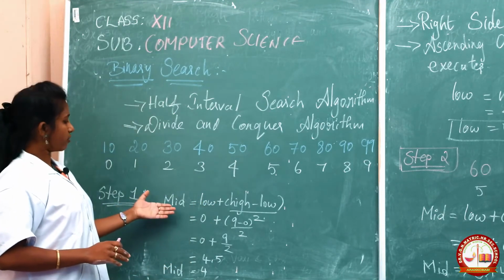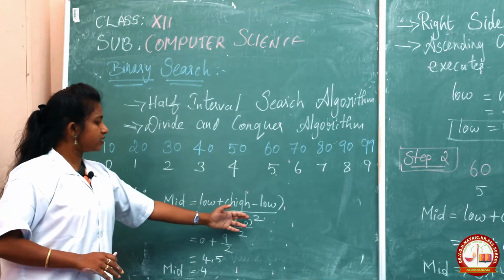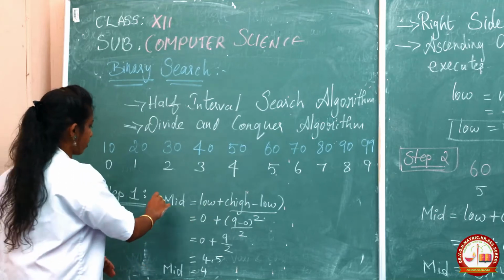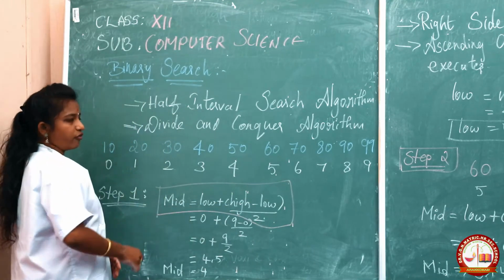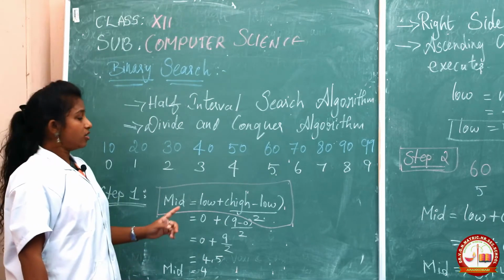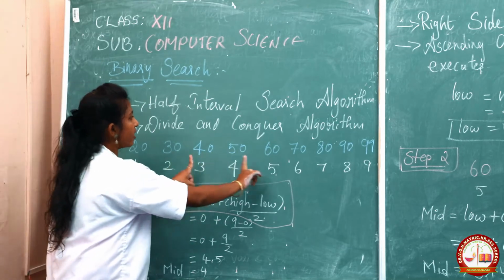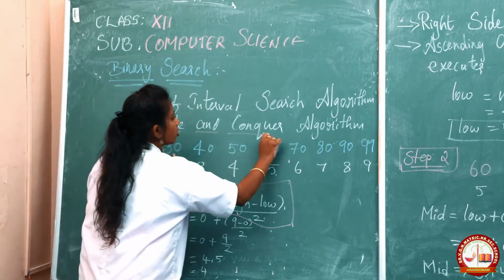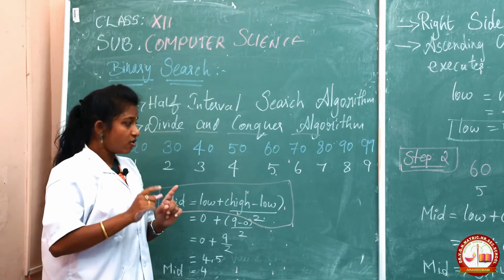The formula is mid equals low plus (high minus low) divided by 2. This is the formula to find the mid value. After finding the mid value, I am going to divide the list. This is called divide and conquer. Then I am going to implement the algorithm there.